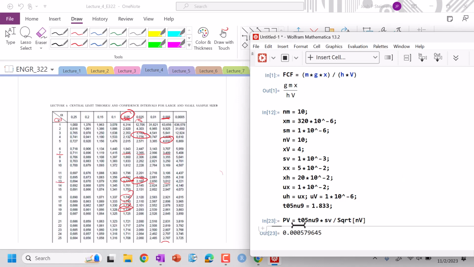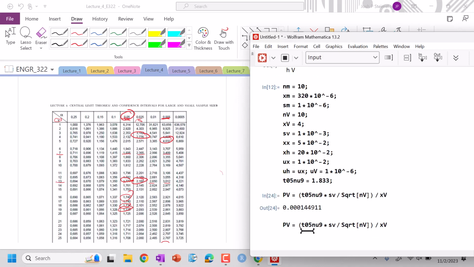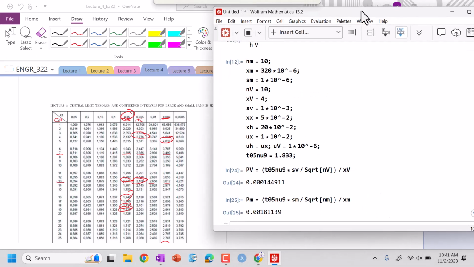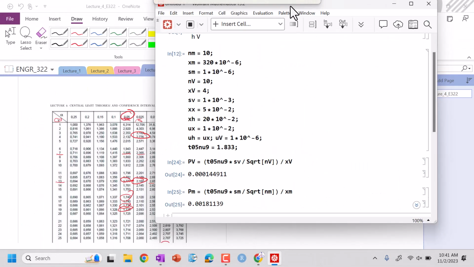We want to normalize by XV. So we could also do precision error in the mass as well: SM, NM, XM. Good. So now we have to look at our bias.